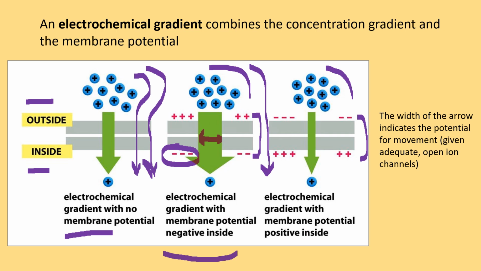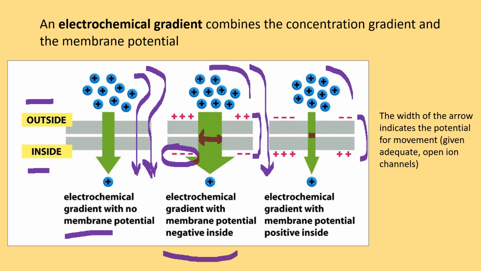Only here, there are more negative charges on the outside of the membrane and more positive charges on the inside of the membrane. And look at the width of this green arrow. It's narrower, right? So something must be slowing down the movement of these blue dots. And it is the electrical component of the electrochemical gradient.